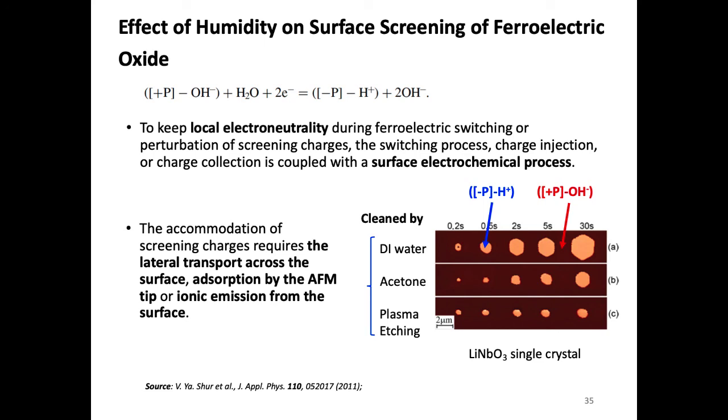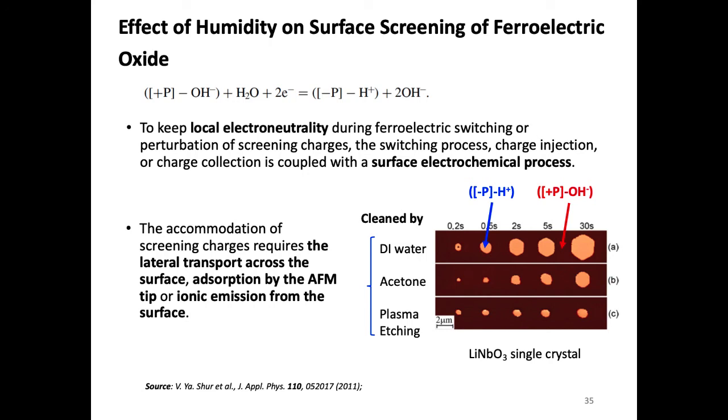One wonderful example is from Shur's group in Russia, where you can see lithium niobate single crystals. They applied positive voltage to the tip to form a downward polarization, but they changed the situation on the surface by different cleaning processes, where they cleaned with DI water.